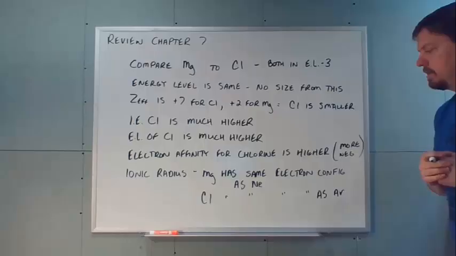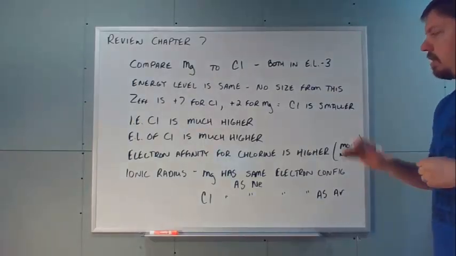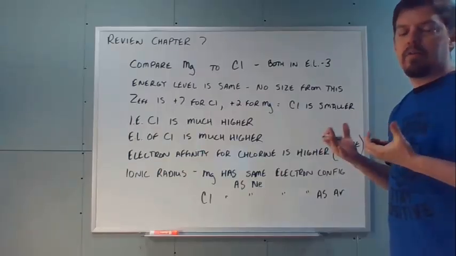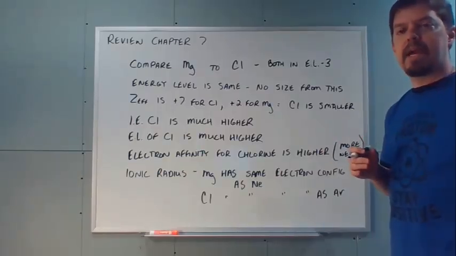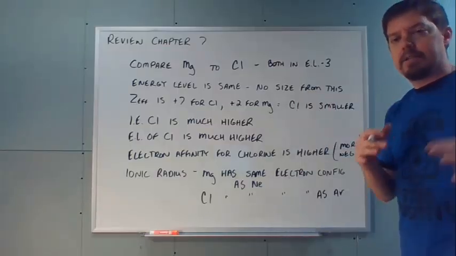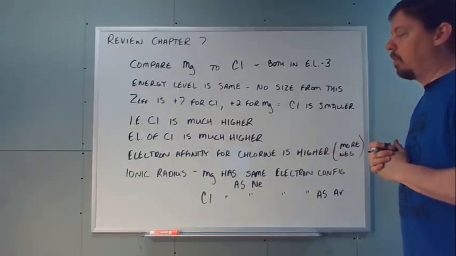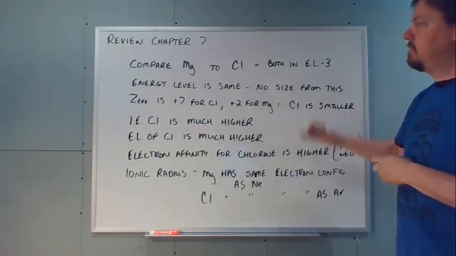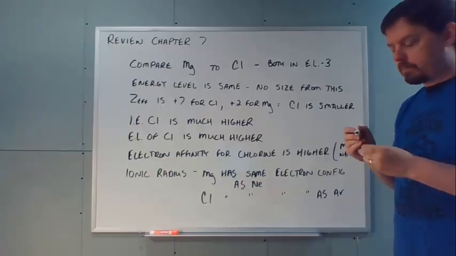Since neon has fewer energy levels than argon, magnesium is going to be a much smaller ion than chlorine is. And that's typically what happens with cations. Cations get significantly smaller, where anions get larger when they form compared to their original nuclei. So that's if you have them both in the same row.